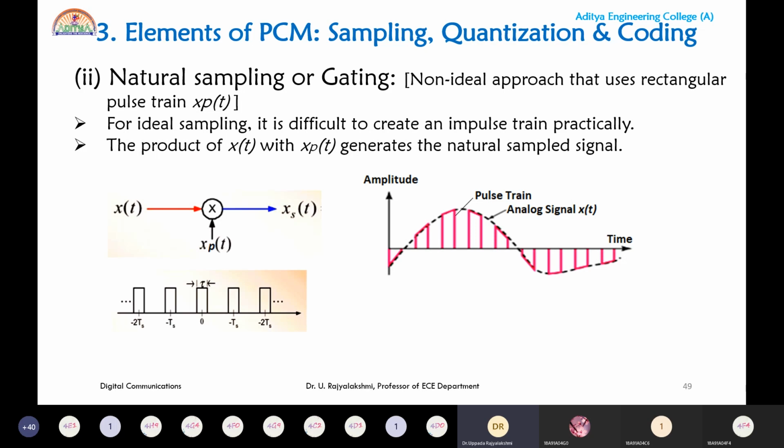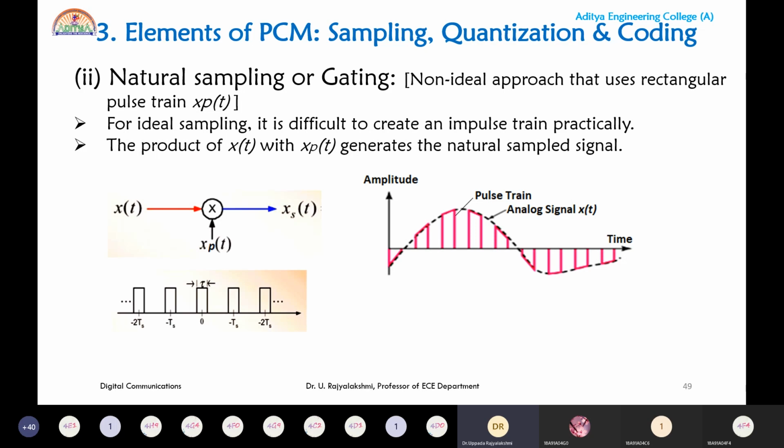So we can simply say natural sampling is the same as ideal sampling but in a practical manner. The working principle behind natural sampling is the same as that of ideal sampling.